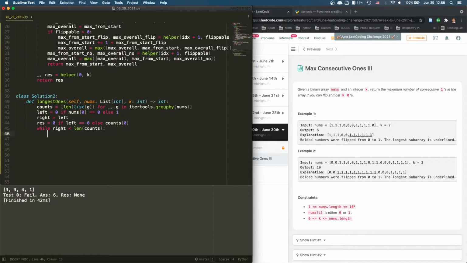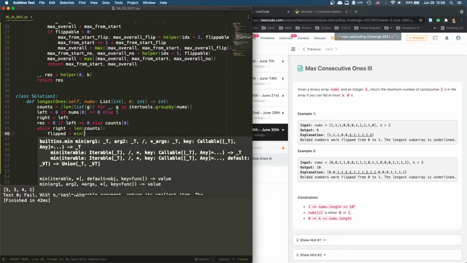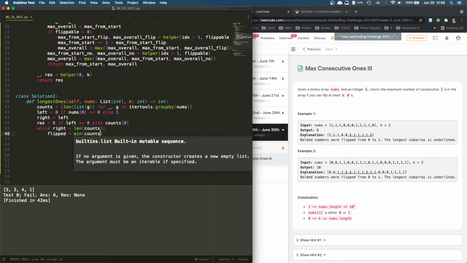And how do I implement this? Right and left to the front, right? So we always try to attach to the left first, right? So we're gonna say flipped equals the minimum of the counts left, right?